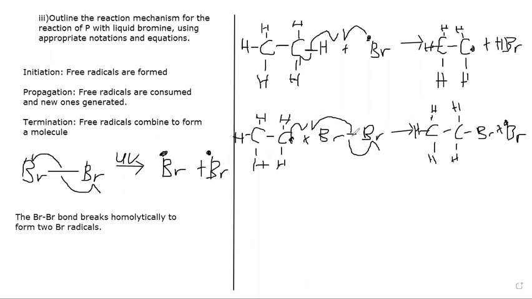All right. This bond was broken homolytically. This bromine atom got a single electron here, and so we have a bromine radical. So as you can see, one free radical is consumed here, a new one is produced. All right. So that is what happened in the propagation step.